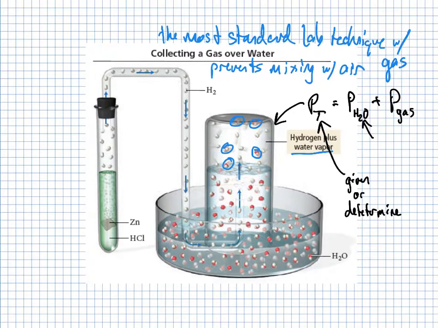The pressure of the water you look up in tables, and it's based on the temperature, which means to get the pressure of the gas, which is what these questions are always wanting, you subtract. You're going to subtract the total pressure and the water vapor, and that's going to tell you what the pressure of the remaining gas inside the container is.